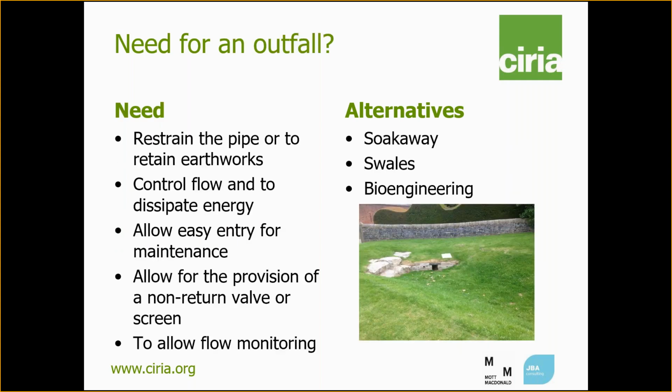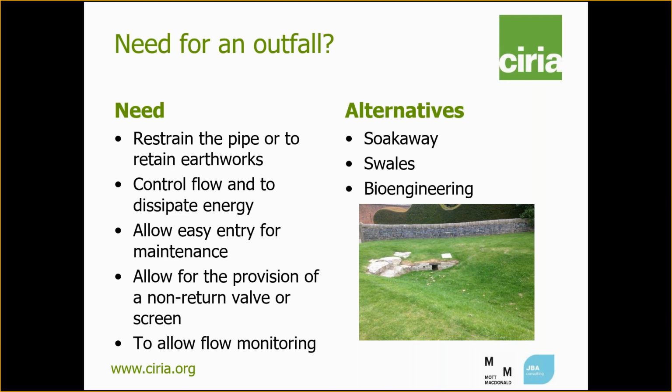Then finally, in terms of outfalls, the need for an outfall structure is to restrain the pipe or the earthworks of the carriageway or the railway. It's there to control the exit flow and to dissipate the energy. It allows easy entry for maintenance, such as jetting and cleaning and inspection.